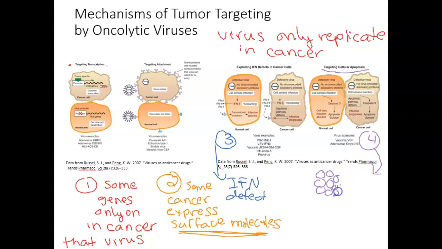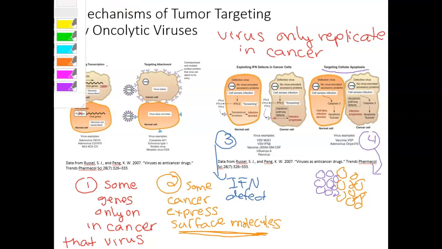And say these are normal, healthy cells, and then in orange here, we've got some tumor cells. All right, now we've got the virus. The virus will be in light blue. All right, so we've got our virus.